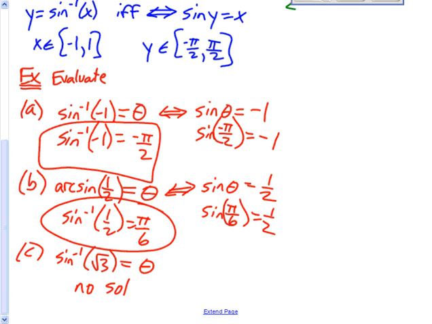So be wary of what you're taking the arc sine on, because again, you've restricted your original sine's domain and thus its range, because the range was restricted, which means your domain is going to be restricted on the arc sine as well as your range.